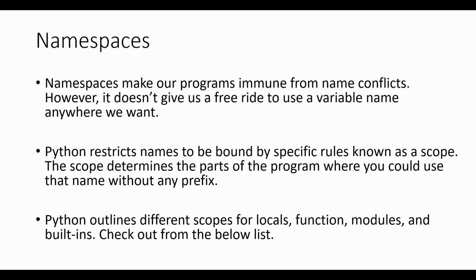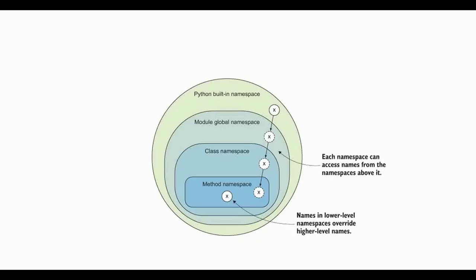So how does Python resolve the scope for these name clashes? If I'm going to use two i's or two a's inside the program, we use something called a namespace. The namespace allows us to look into the scope resolution. This is the scope resolution diagram. The names in the lower level namespace are always given the higher preference.